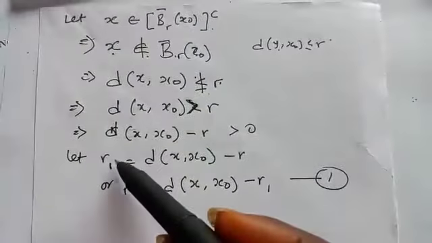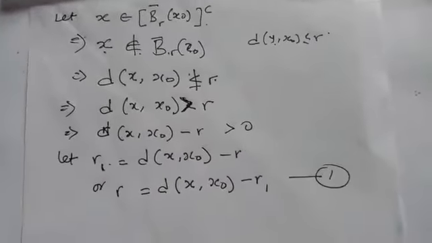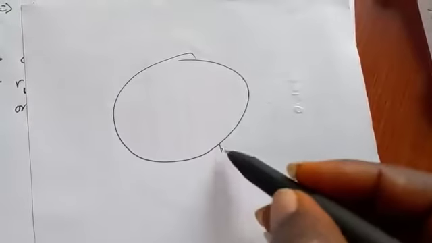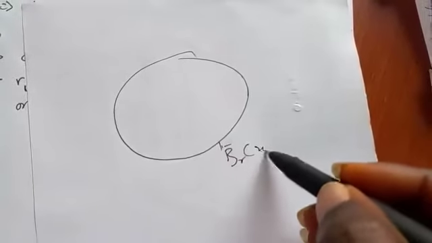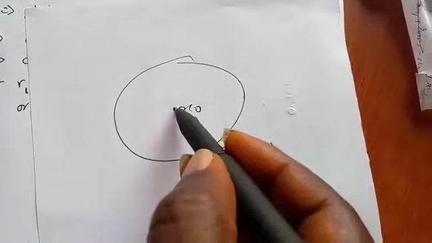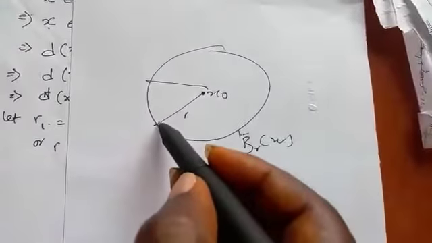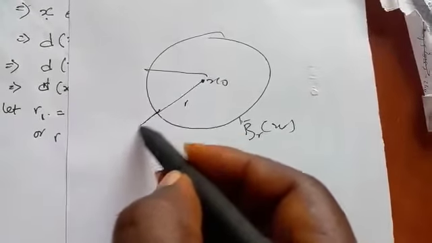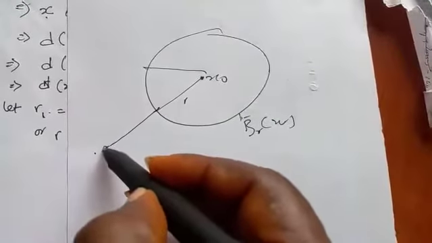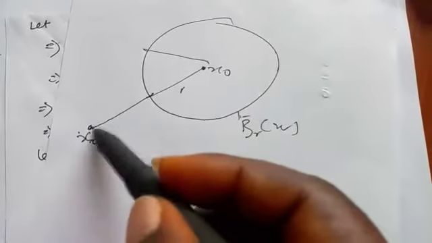And why are we even using this? Why are we saying that let our R1 be this? Let me explain it geometrically. Consider this closed ball centered at S0, with radius R. Let's pick an S here, as we said, such that the distance between S and S0 is greater than R. So definitely S will be outside.